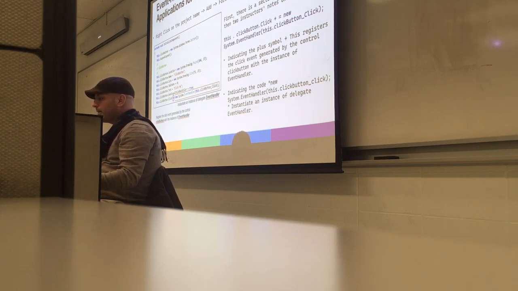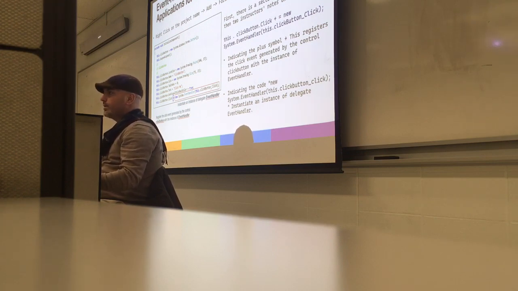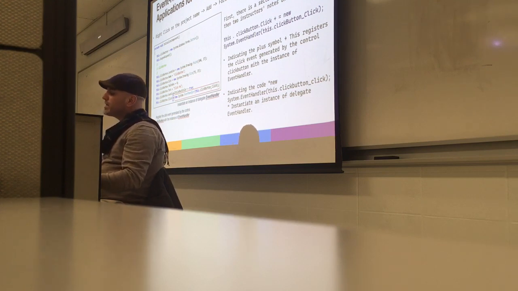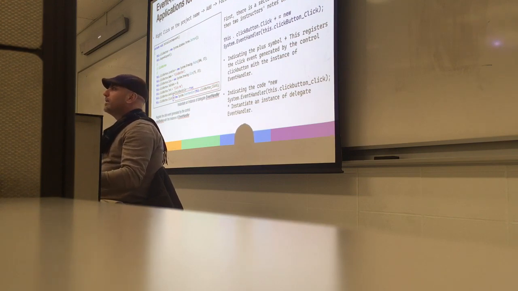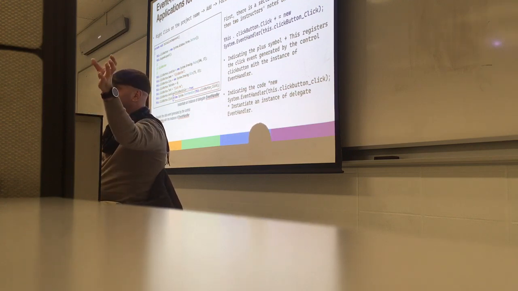This indicates that new System.EventHandler(this.button_Click) instantiates an instance of the delegate EventHandler. I know it's many concepts. Yes, button_Click is a method, right, that you're passing? Now this method, you see, this is a method, and it is invoked by the event handler, based on the event. This is the event handler. But to declare the event handler, you need to assign this event handler to the delegate by using a plus.